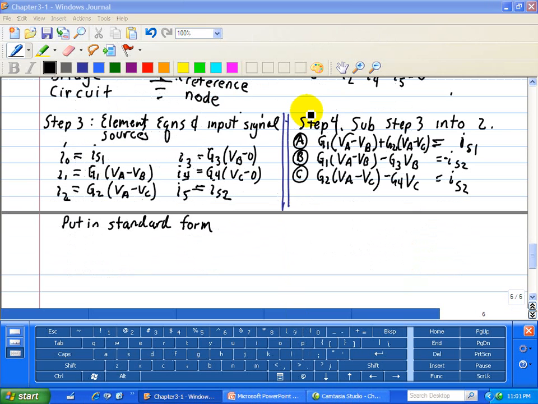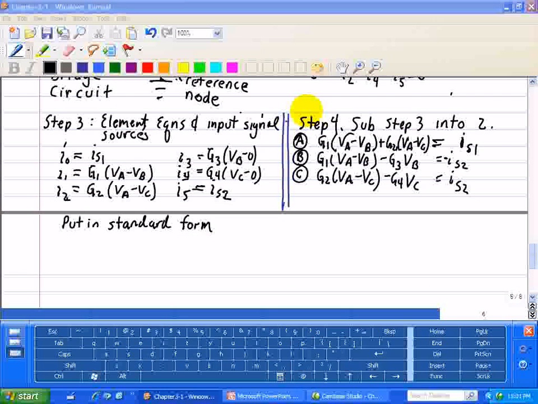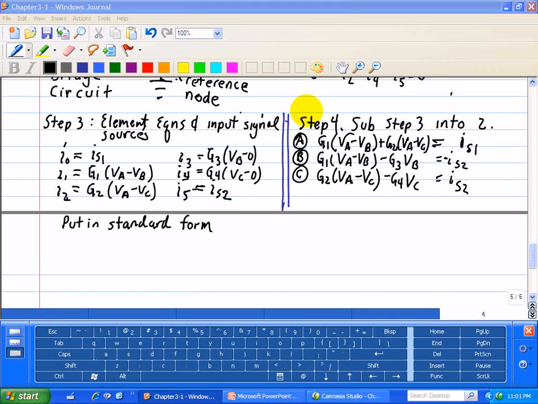Now we're going to take our equations in step 4 and put them in standard form, namely putting the unknown voltages along the diagonal, VA, VB, and VC, to be positive, and then the off diagonal terms to be negative. And I'll show you what I mean.